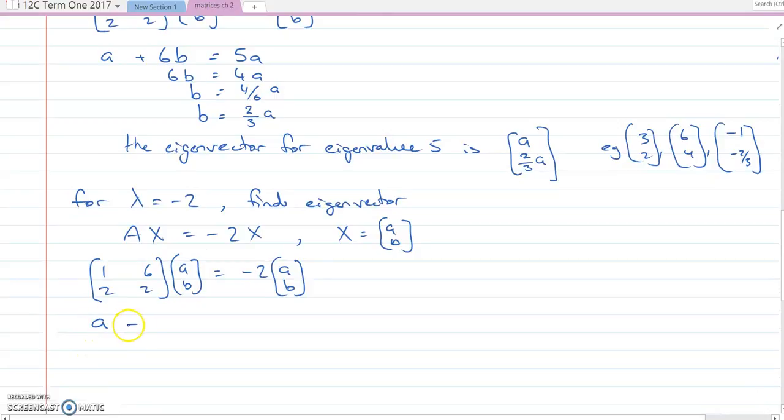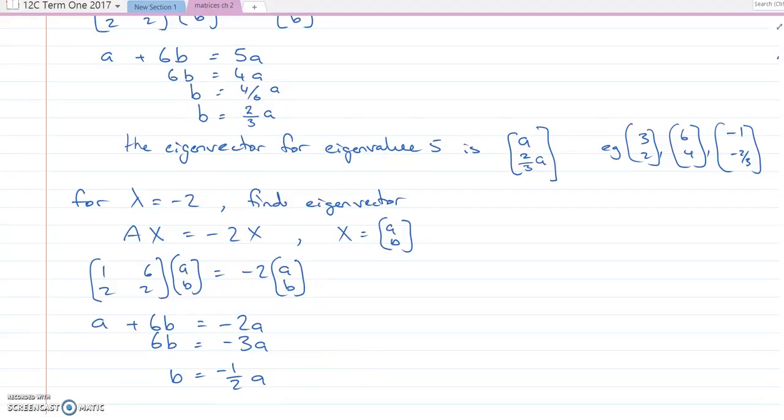Multiply the first row: a plus 6b equals minus 2a. Rearrange: 6b is minus 3a. b is going to be minus a half a.